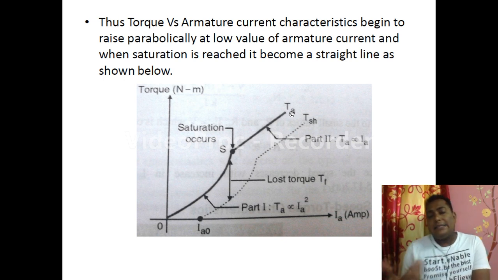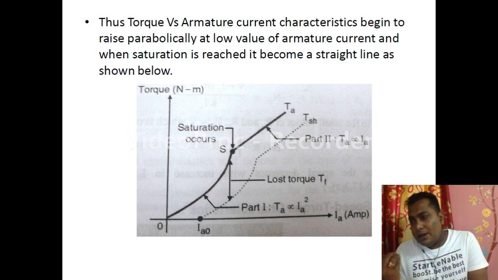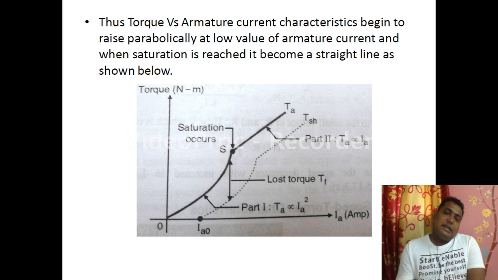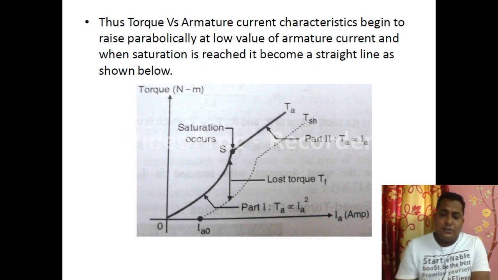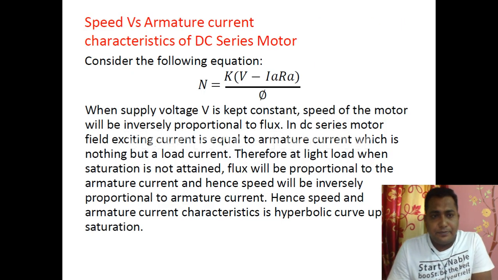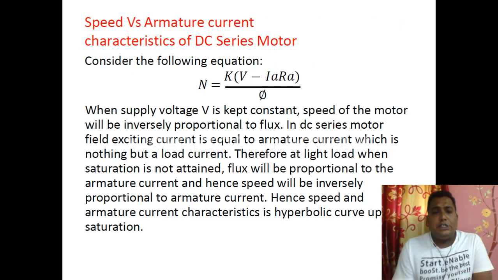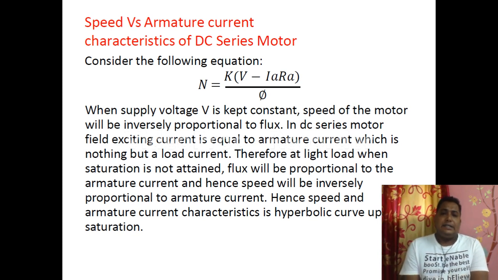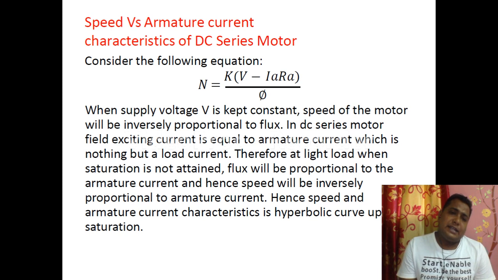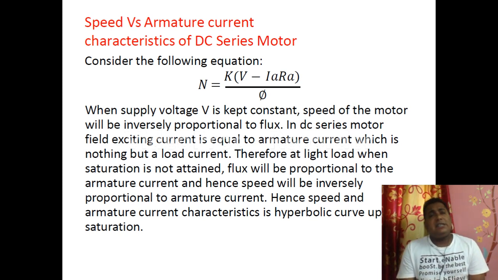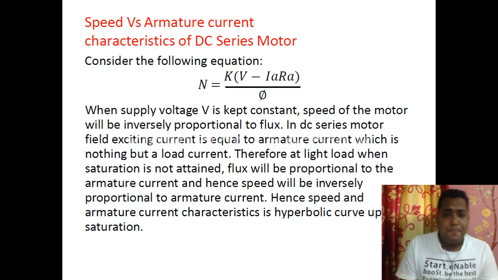So a little change in armature current will give a high change in the torque value. This is the first characteristic. Now the next characteristic, speed versus armature current. We already saw in the previous shunt motor characteristics that the speed equation is given by N varies as V minus Ia Ra by phi.